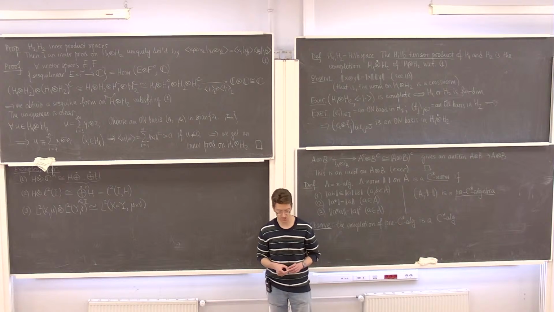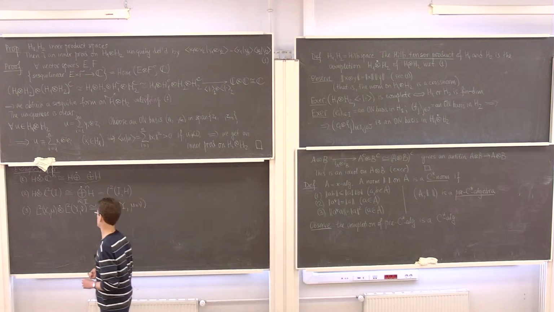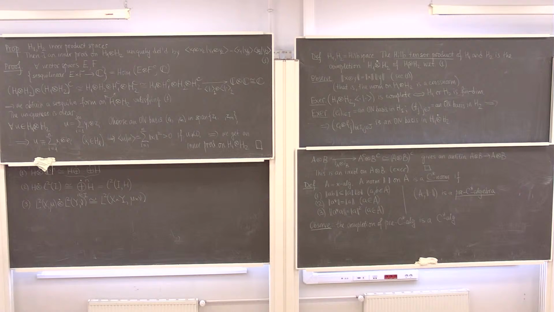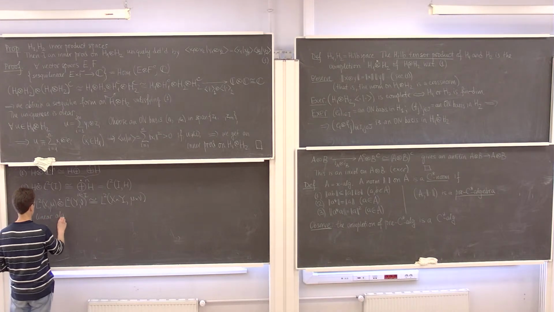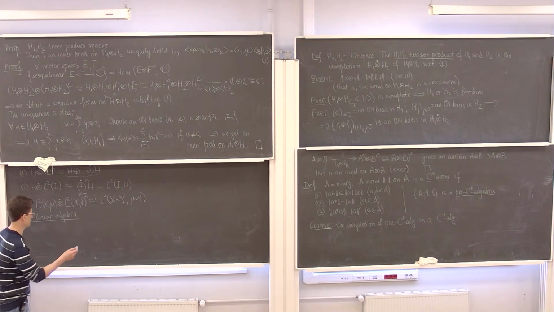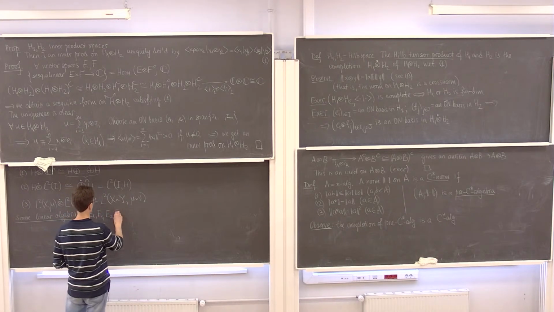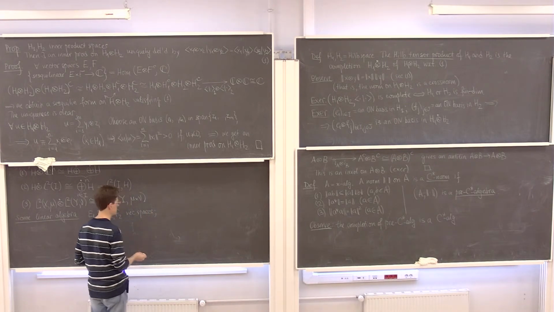Nevertheless, what we are going to show is that the Hilbert tensor product is functorial. That is, it is a functor, it is natural in two variables, H1 and H2. To prove this result, let's recall some basic facts from linear algebra. Suppose we have vector spaces E1, F1, E2, and F2, and suppose we have two linear maps.